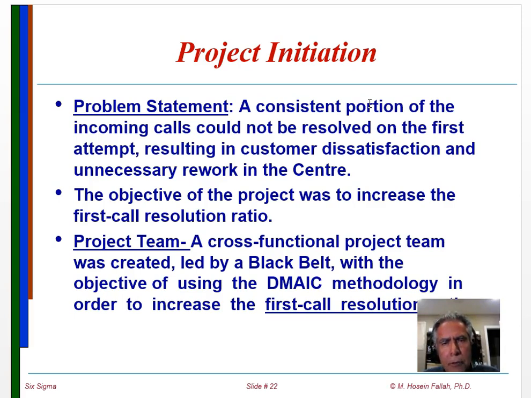And so a cross-functional team was created and led by a black belt to look at that call ratio, the ratio of unresolved calls to total calls, and the goal was to use the Six Sigma methodology to improve that ratio.